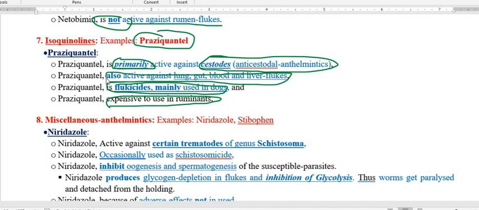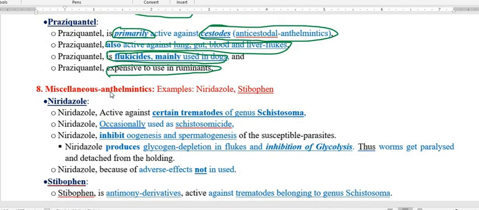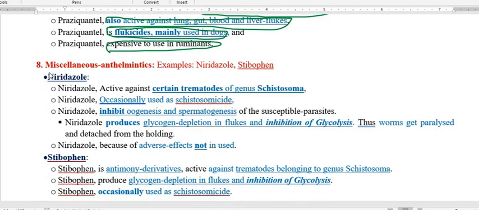Now we go to the next and last group, the miscellaneous anthelmintics. Under the miscellaneous anthelmintics, the drugs are niridazole and stibofen. What is interesting about these two drugs is that both are specifically for trematodes of the genus Schistosoma.